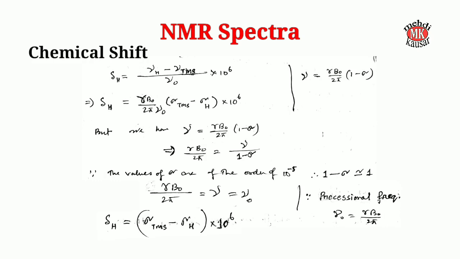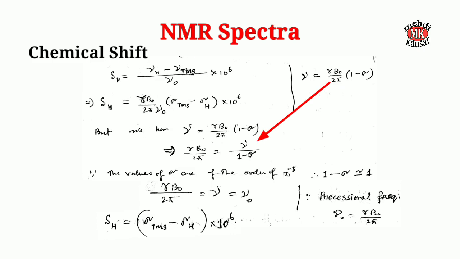The chemical shift of a particular proton is given by δH = (νH − νTMS)/ν0 × 10^6. But we also know that ν = γB0/2π × (1 − σ). So we can write δH = γB0/(2πν0) × (σTMS − σH) × 10^6.